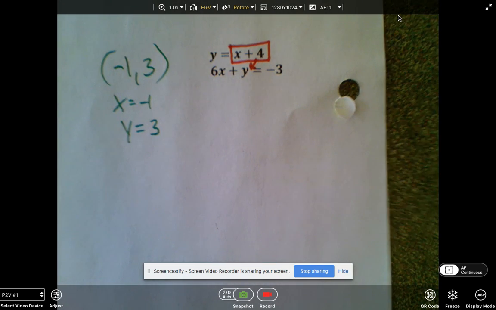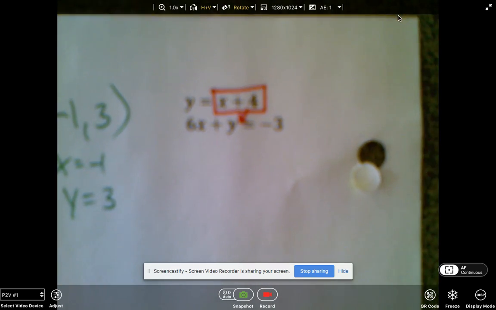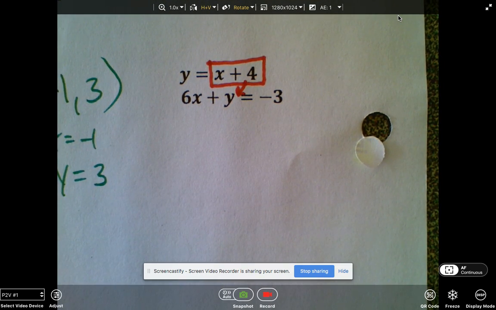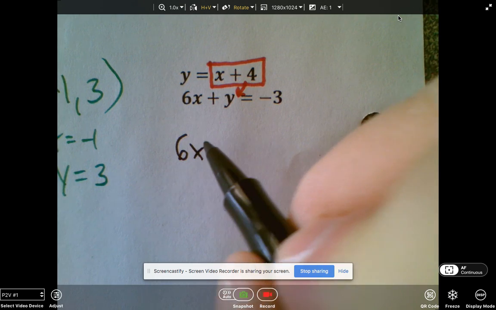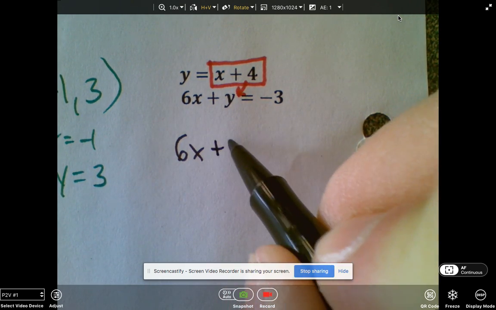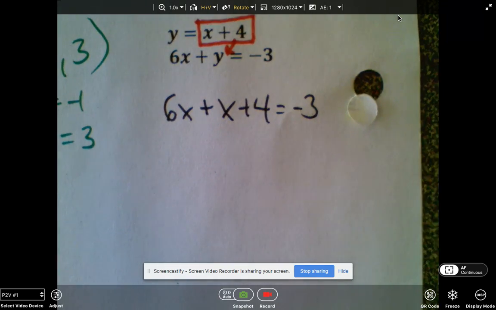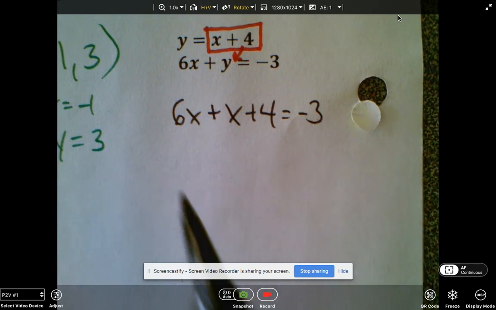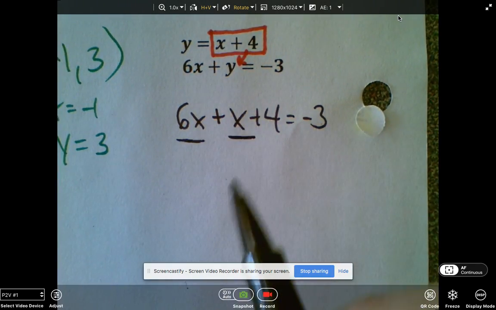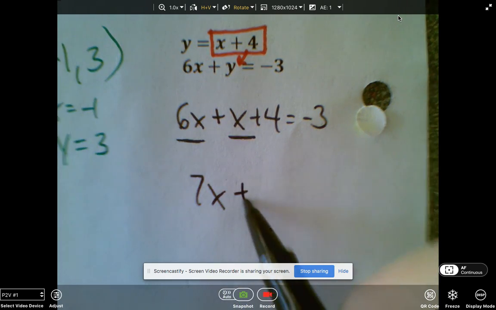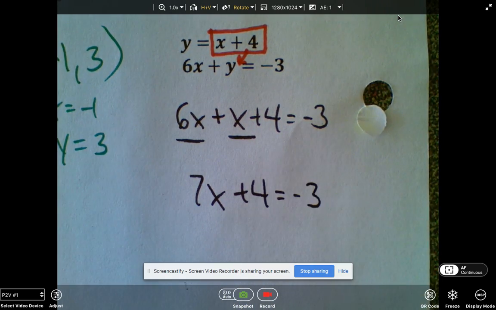Does anyone think they can read me the second equation, but instead of saying y, substitute x plus 4? 6x plus x plus 4 equals negative 3. Does anyone see any like terms I can combine? This would be 7x plus 4 equals negative 3.